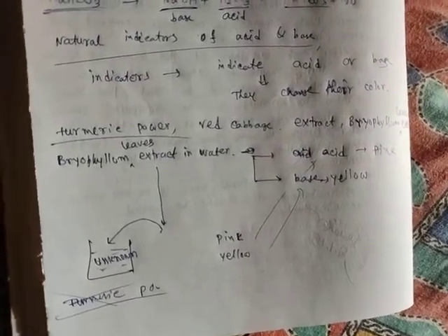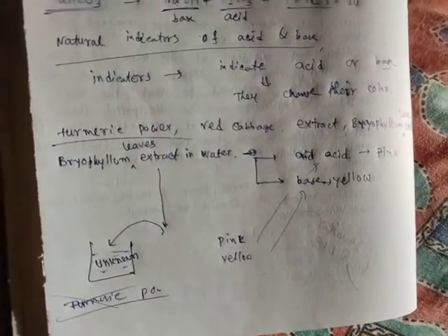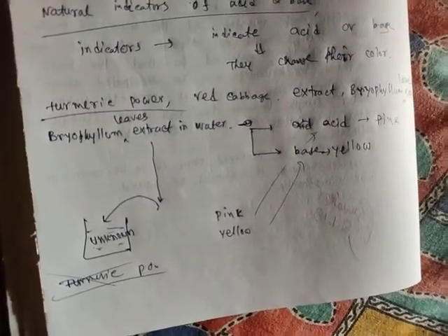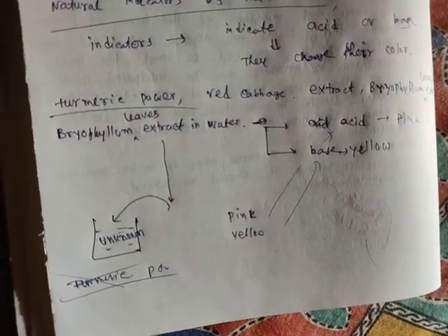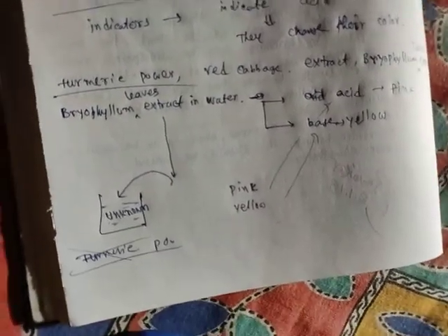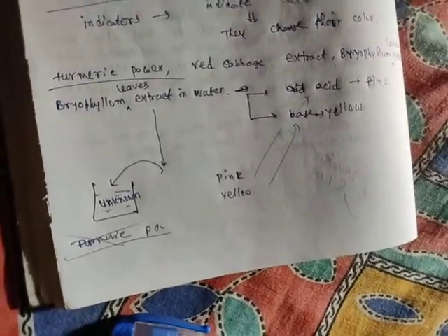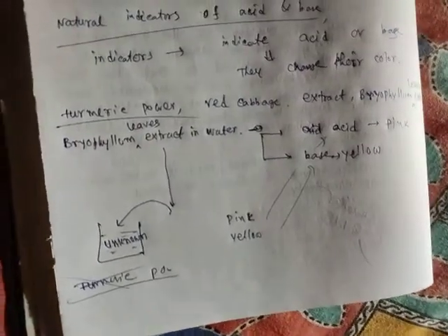So if the color is green, then the given liquid is base. If the color becomes pink, then the given liquid is acid. So by seeing the color, you can say whether it is acid or base. This is the function of an indicator: it indicates whether it is acid or base by changing its color.